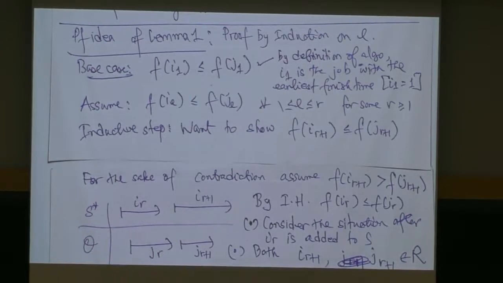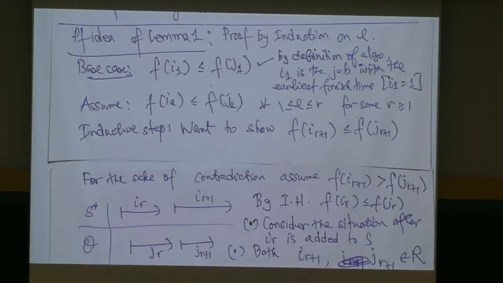Now, at the next step, what the greedy algorithm will do is pick the job among R that has the smallest finish time. And the fact that it picked i_(R+1) instead of j_(R+1) has to mean that it has an earlier finish time. Okay?